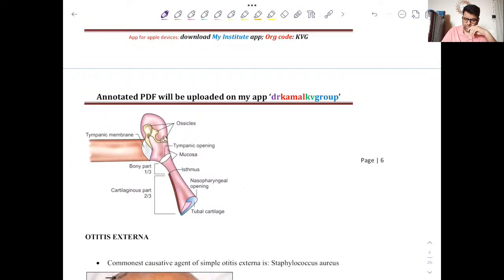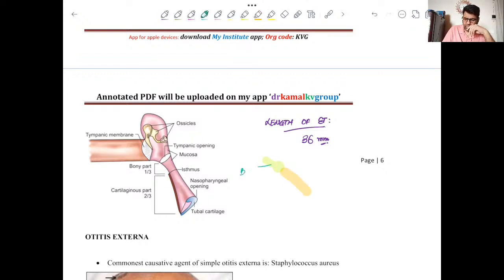Now if we talk about the dimensions, the length of Eustachian tube or pharyngotympanic tube, this is 36 millimeter, and just like external auditory canal, it is also composed of two portions. So the inner one is bony, and the outer 2/3 is cartilaginous.